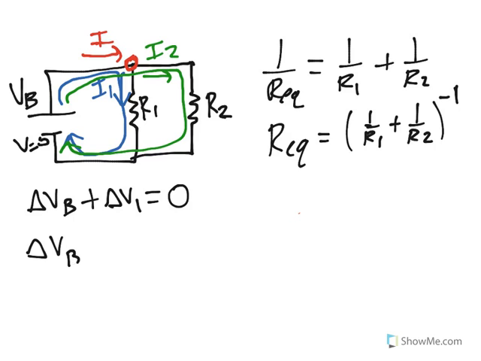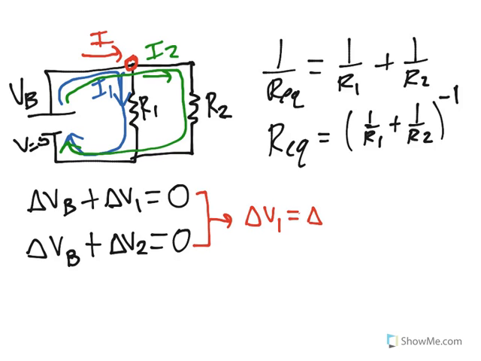And now if I go through the green, I don't go through R1, but I go through R2. So now delta V2 plus delta VB equals 0. And if I know these two are true, that must mean my potential drop on R1 must equal my potential drop of R2.